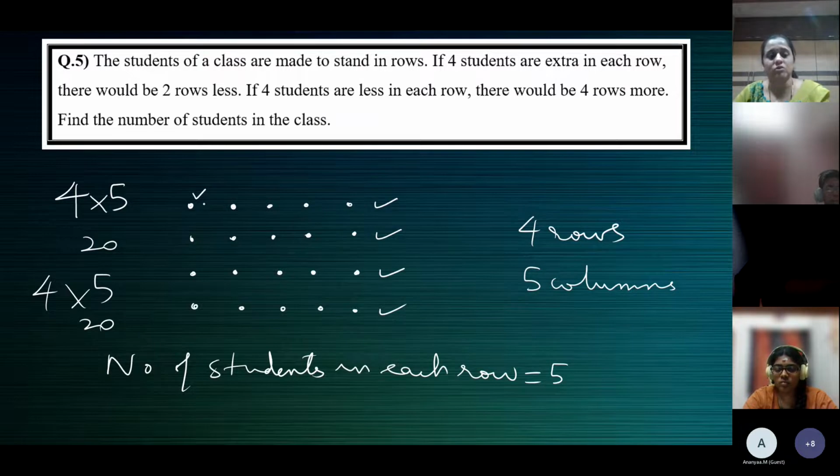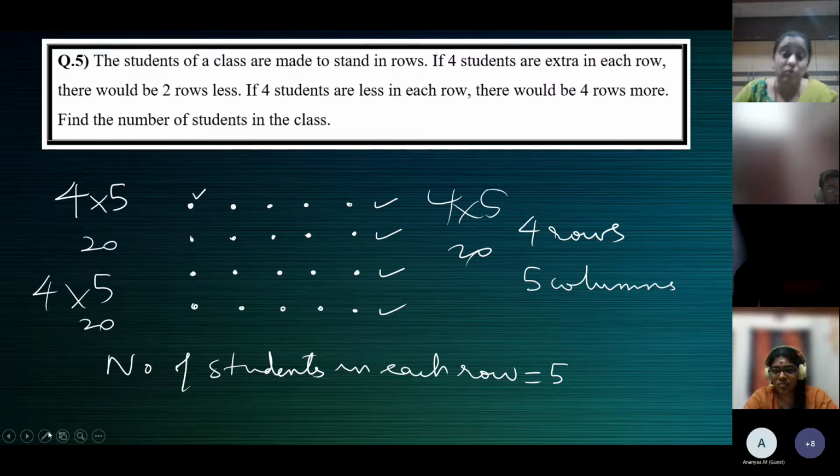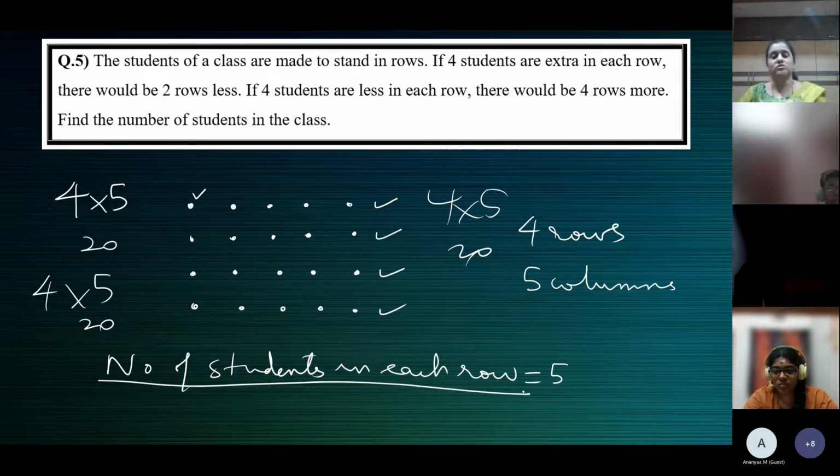You won't actually count one by one. Number of students is the total number of students. Don't get confused. This is number of students in each row, which is also the number of columns.